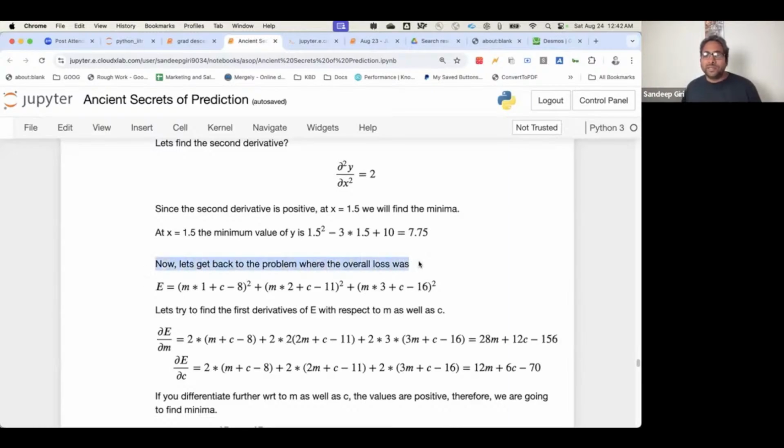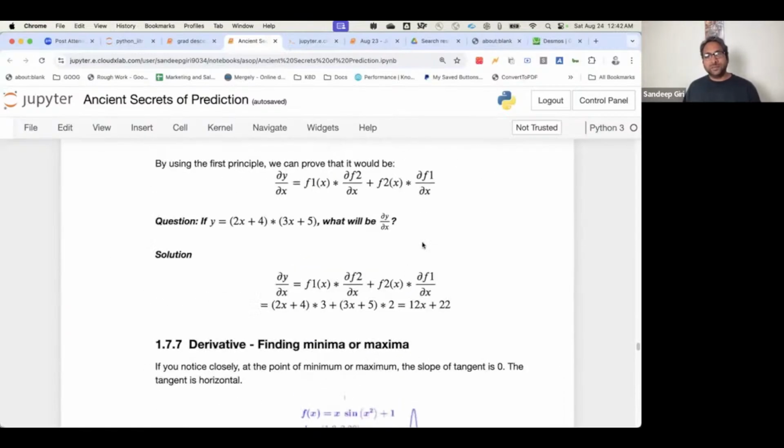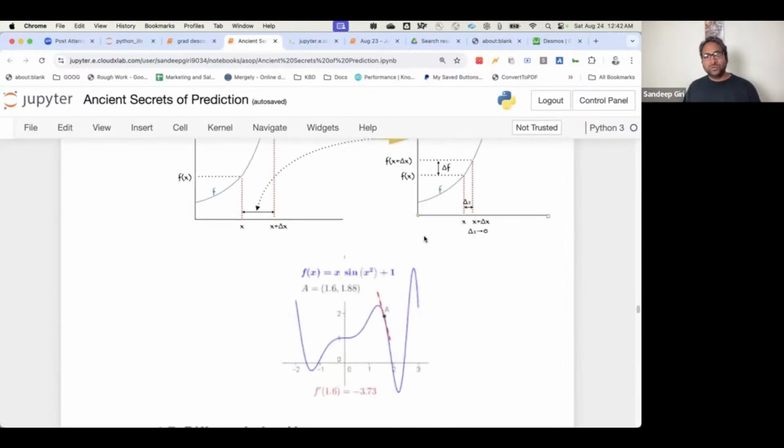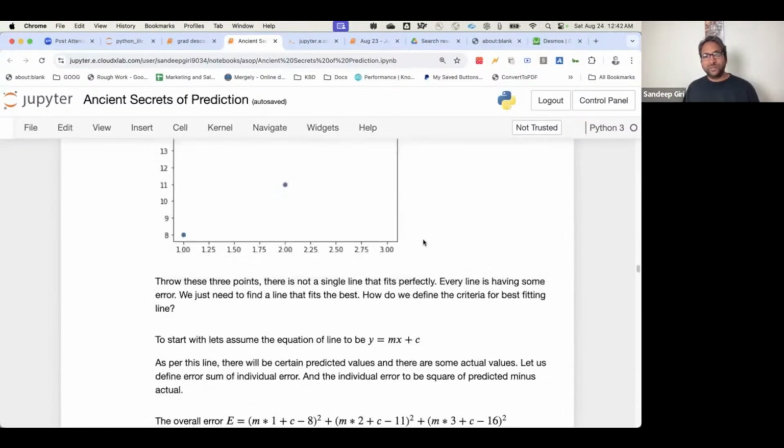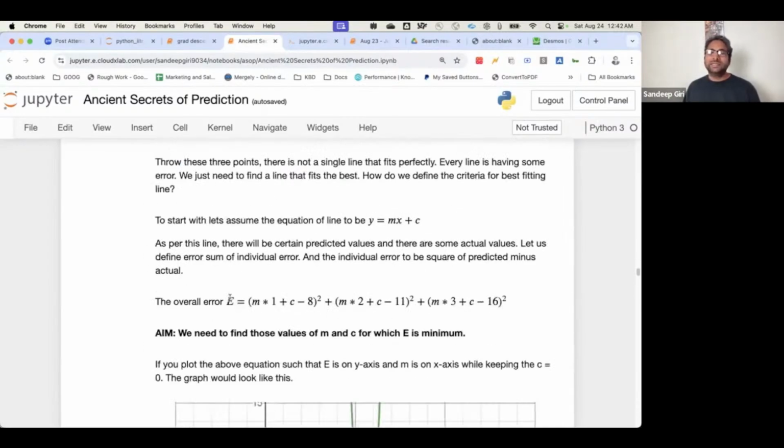Now we had an equation earlier. There were three equations that we had been going through from the beginning. This is our error function. We assumed mx plus c to be our straight line. We put it into the first point and got this much error.